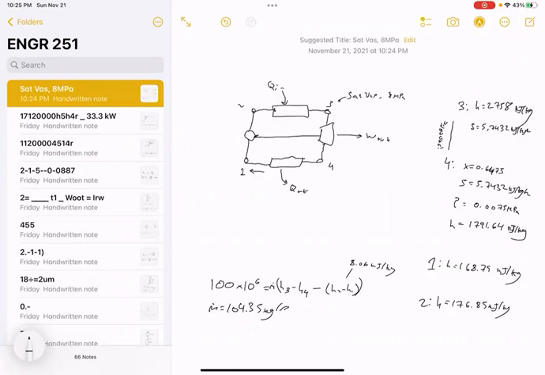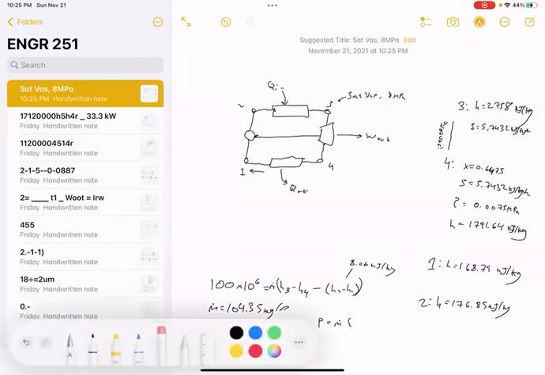The important thing to remember is that the power output in watts is the mass flow rate times the net change in enthalpy that contributes to useful work, in this case H3 minus H4 minus H2 minus H1. That's the relationship between power and enthalpy: power is mass flow rate times the change in enthalpy across a turbine.